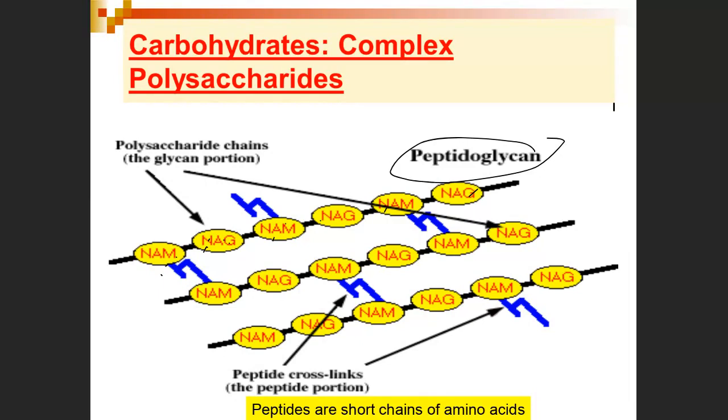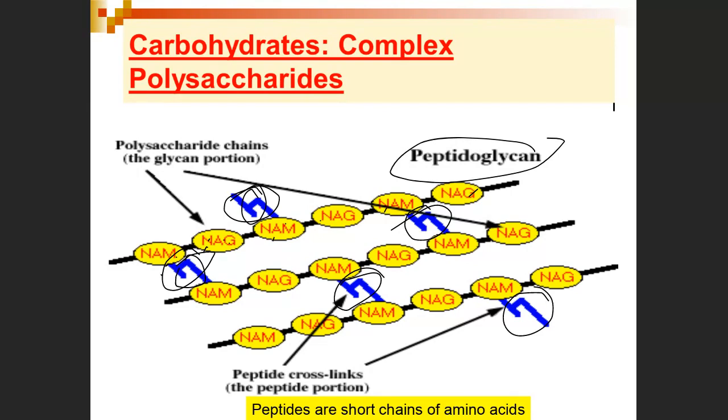However, to each NAM molecule, 4 amino acids are attached. Now we have a complex polysaccharide. This is antigenic because of this new molecule being attached to the very boring polysaccharide, making it a more varied, antigenically speaking, more interesting molecule.